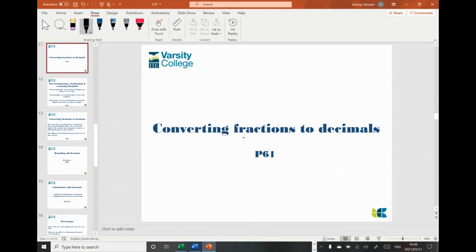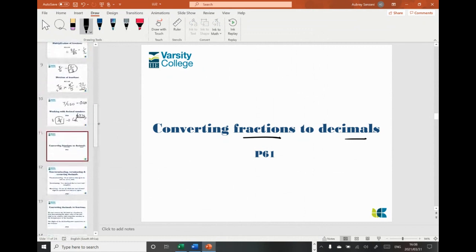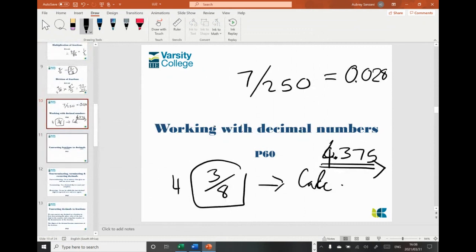Converting fractions to decimals, that's page 61. What have we been doing right now? Working with decimal numbers. This is just explaining the places. If we look at 0.1, this is a tenth.